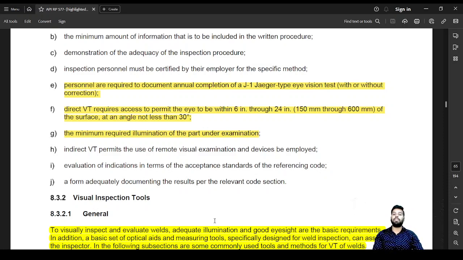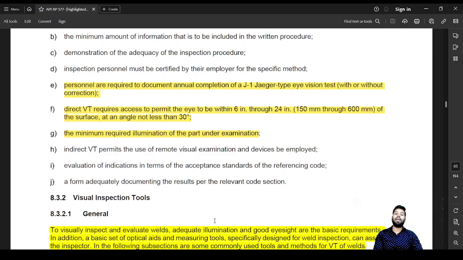The inspection personnel must be certified. The inspection personnel are required to have eye test, and the near vision should be at least comparable to J1 vision. Direct VT requires access to permit the eye to be within 6 inches to 24 inches, and the angle should not be less than 30 degrees.